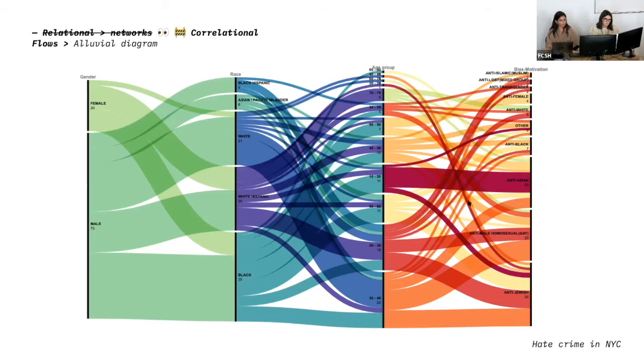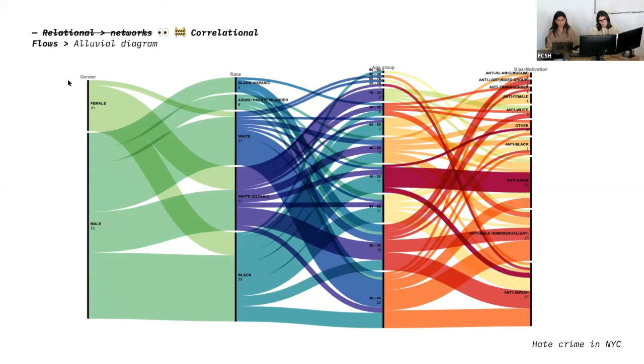So here, for example, to understand better, this is a visualization that represents hate crime in New York City. Here we have the gender node on the left.